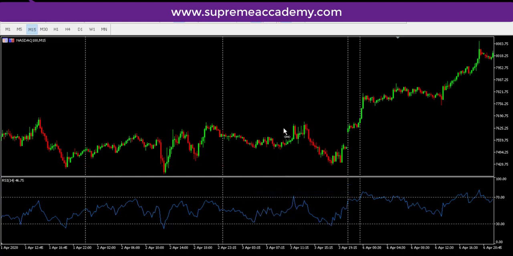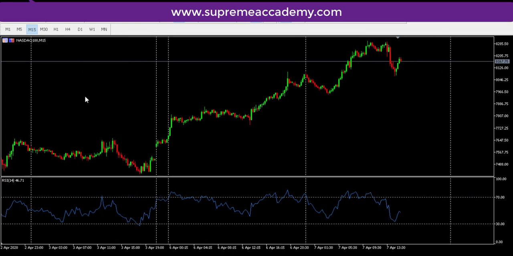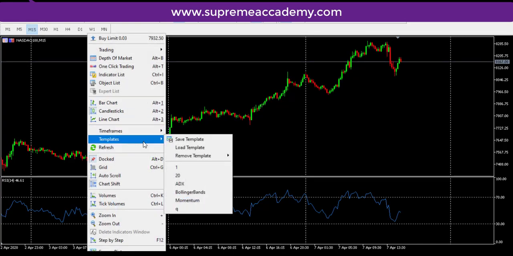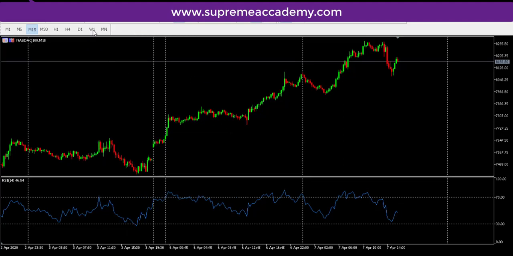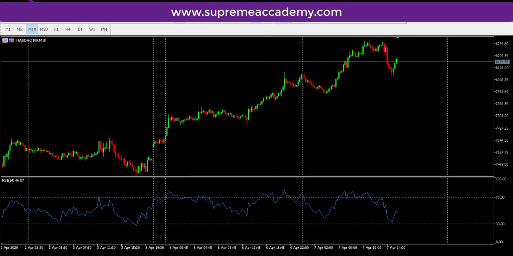This indicator tells you stuff. It tells you barriers that are there in the market. So let me just show you. Let me get the indicator back.